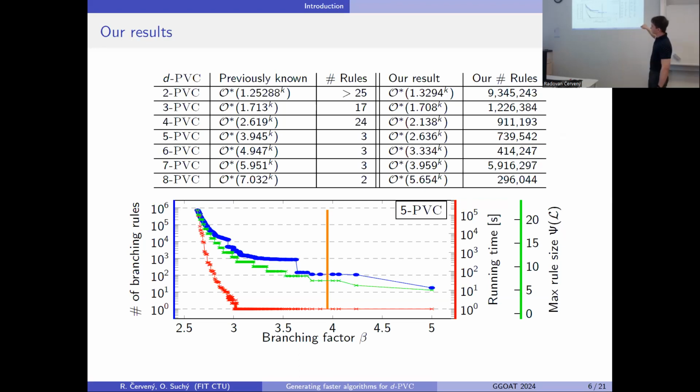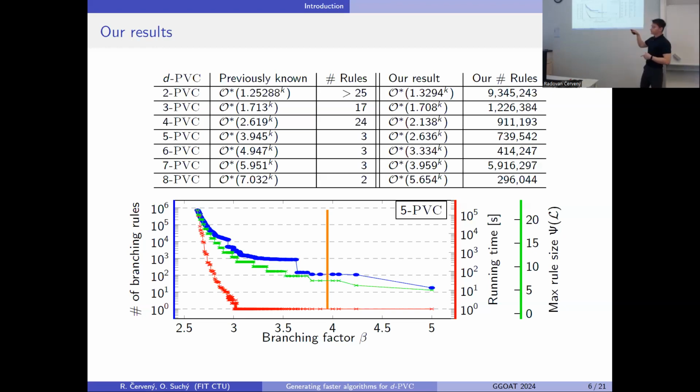As you can see, I can literally, for any branching factor, give you some algorithm. It might not be as efficient as the best one, but the number of rules is, for example, 1,000, better than 1 million or something like that. And the time it takes to generate 1,000 rules is just a fraction of what it takes to generate 1 million.